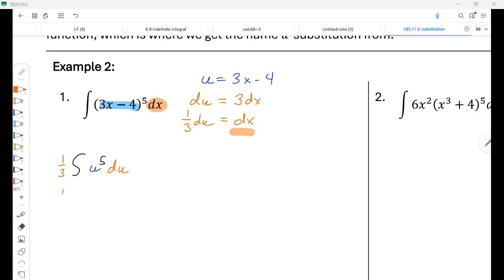I still have my 1/3. I do the power rule on u to the 5th. That gives me u to the 6th over 6. And since I've integrated, the du is gone. And I'll write a plus c so that I'm accurate. So we end up with u to the 6th over 18.